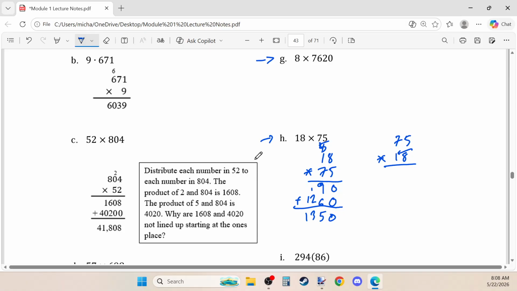With this one, 8 times 5 is 40. 8 times 7 is 56, plus 4 is 60. 0, because I'm in the next digit now. 1 times 75 is itself. I add, 0, 5, 13. Now this one seemed like an easier way to do it because multiplying by 1 is really nice.